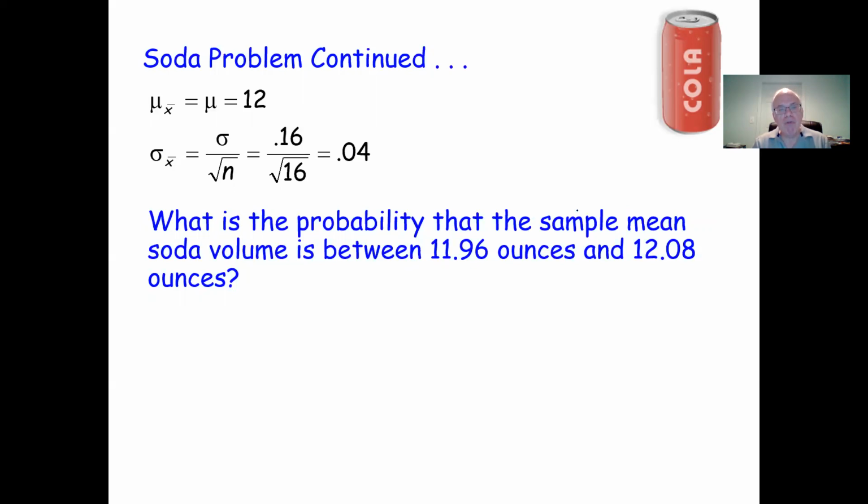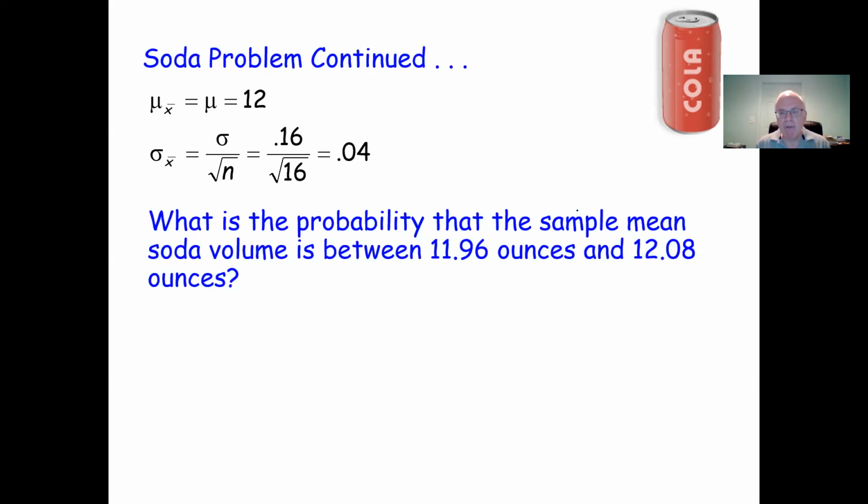So in other words, we're going to take a random sample of 16 cans. We want to know what's the probability that the mean of the amount of soda in those 16 cans is going to be between 11.96 ounces and 12.08 ounces, all right?